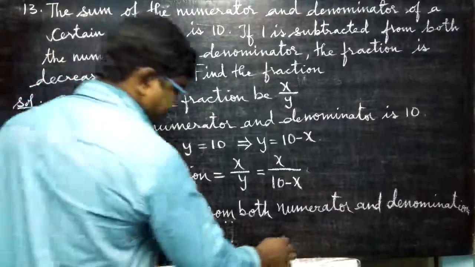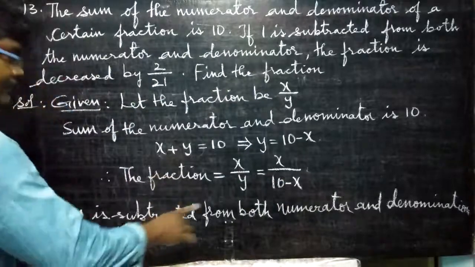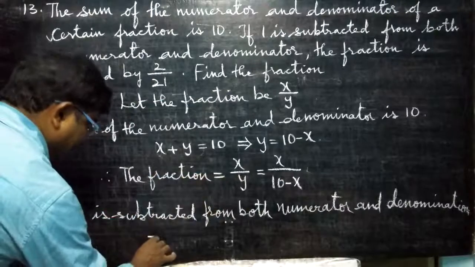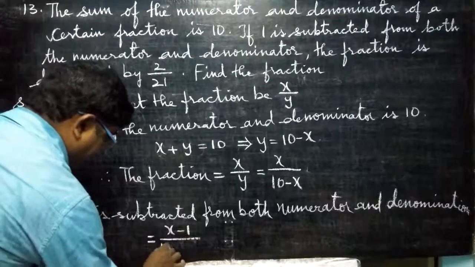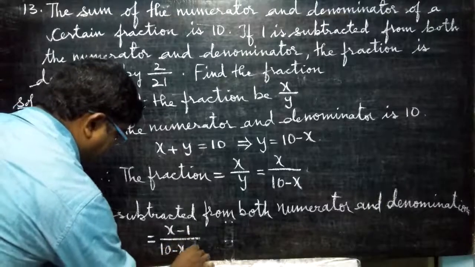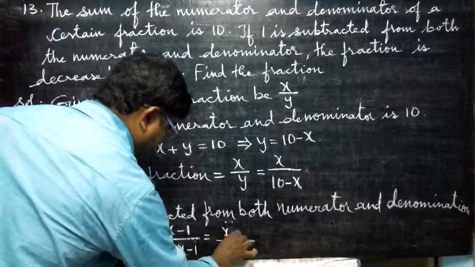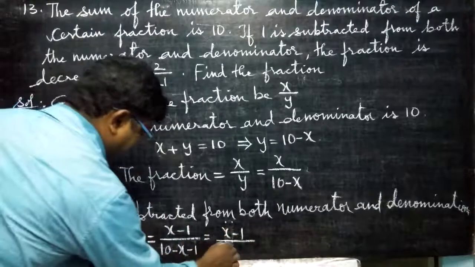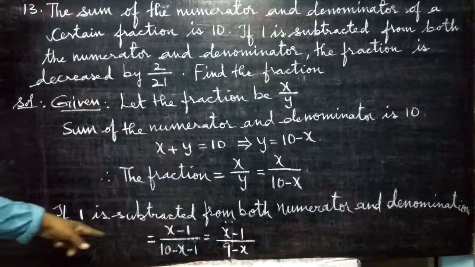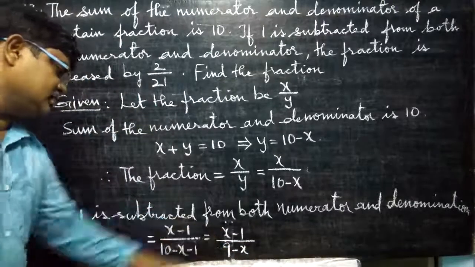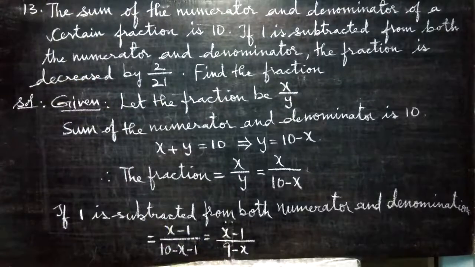First we will subtract. 1 is subtracted from numerator and denominator, that is x minus 1 by 10 minus x minus 1, that is equal to x minus 1, 10 minus 1 is 9, 9 minus x. So when 1 is subtracted, the fraction changes to x minus 1 by 9 minus x.